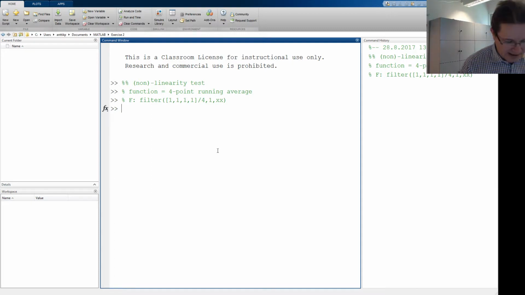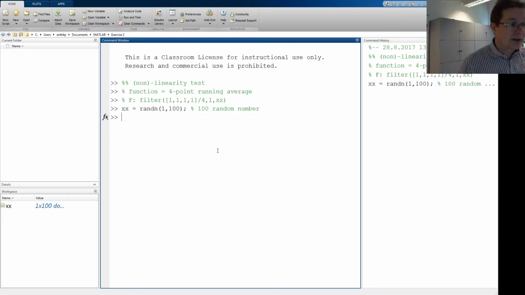So first I need the two test vectors, for example, uniformly distributed random numbers, 100 points, a row vector, so one single row of values. And then another one, same thing. These are different random numbers.